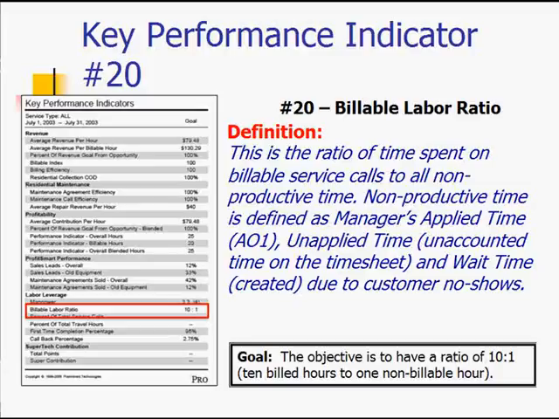And non-productive time is defined as manager's applied time, AO1, unapplied time, which is basically time that is not accounted for anywhere on the timesheet, and wait time due to customer no-shows. When we go through that process and we filter those out, that means for every 10 hours we bill out, we're allowed to have 1 hour that we were not able to bill out. So again, our goal here is 10 billable hours to 1 non-billable hour.